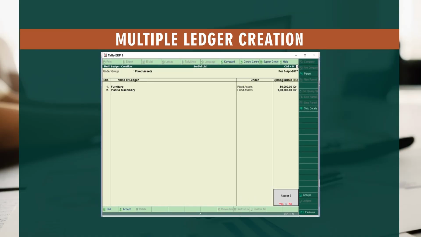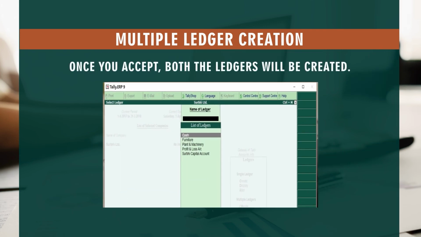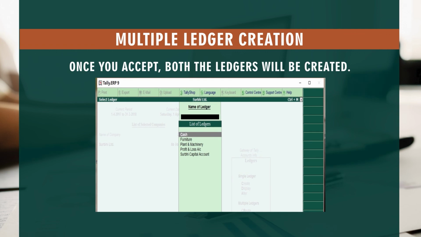On the screen now you can see that under multiple ledger creation, under group there is fixed assets, and both the ledgers are there and opening balances are also there. We have accepted them, so ledgers have been created, and now on the screen you can see within the list of ledgers there are cash, furniture, plant and machinery, profit and loss and Surabhi capital account.